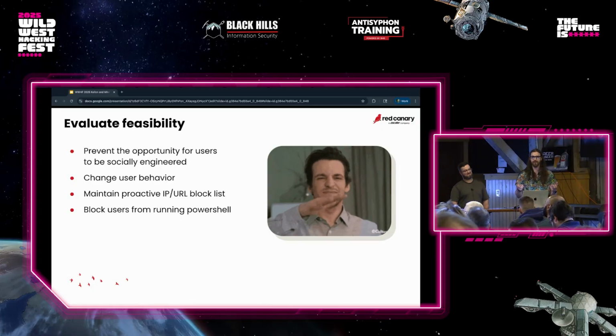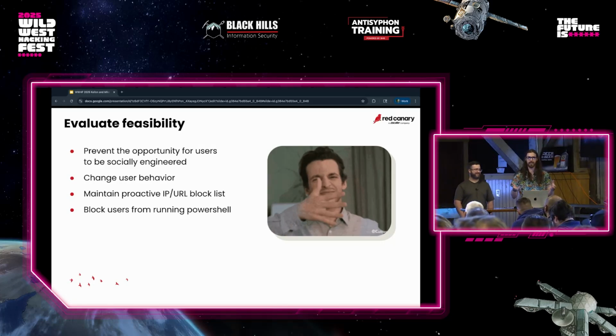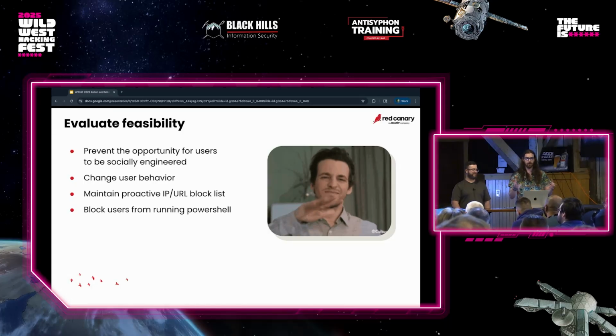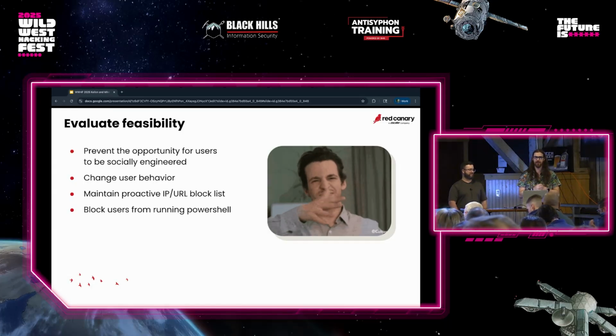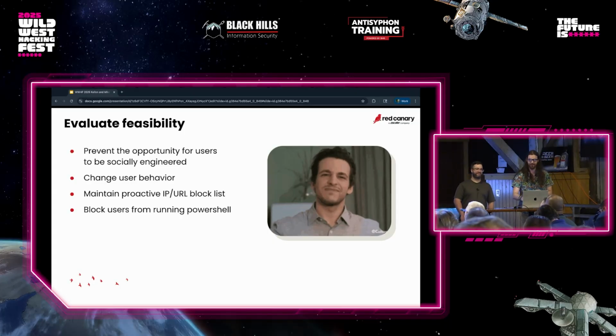I'm sure that's very effective and works well, playing whack-a-mole. No one here has probably tried that one before. We could block users from running PowerShell. That could work depending upon the environment and what you have set up. Some places have found that to be an effective control. Other places find that that breaks everything and it's just not worth it.